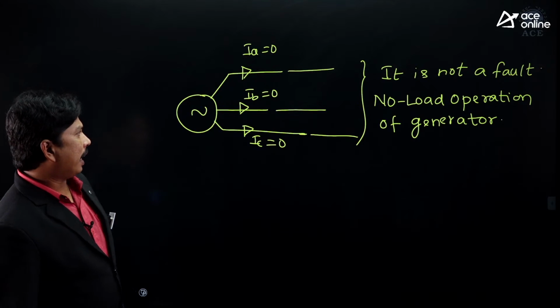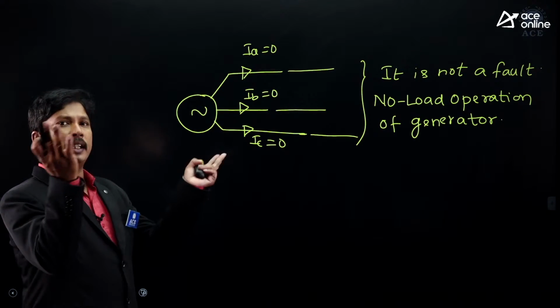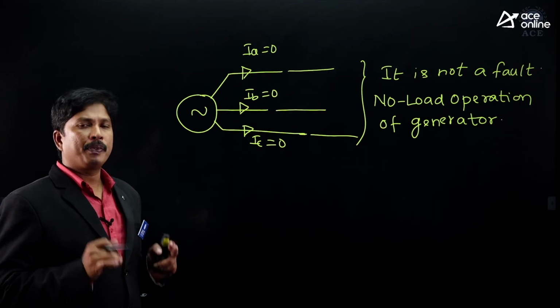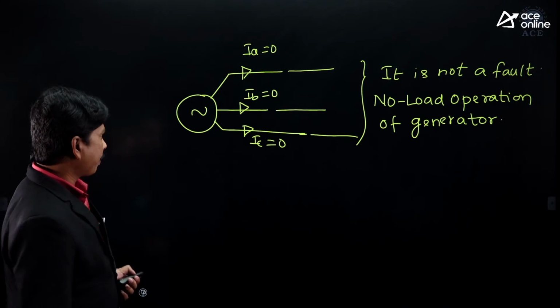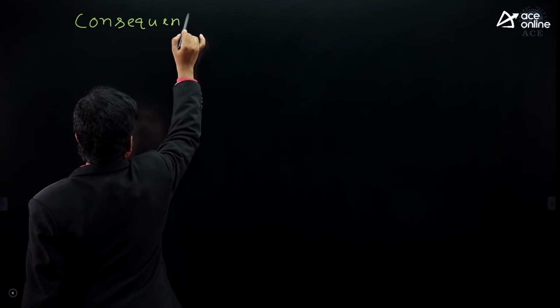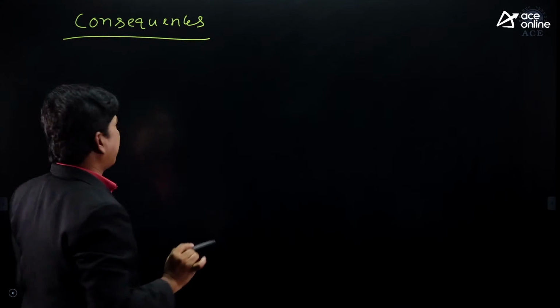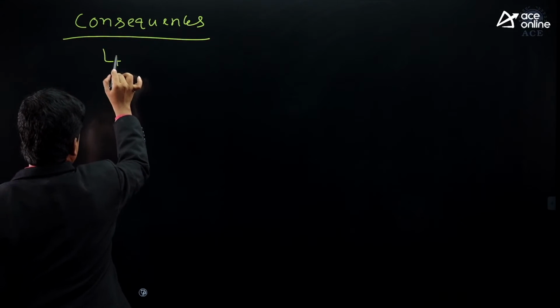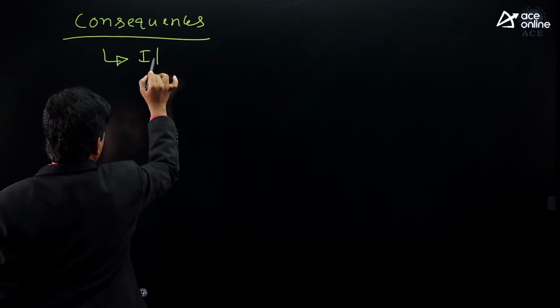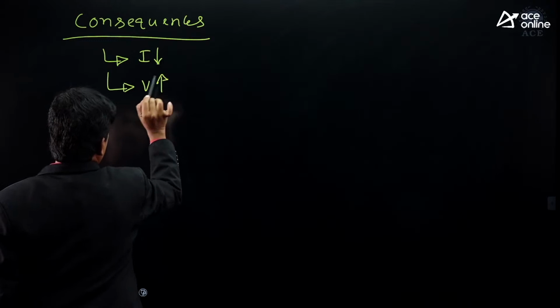Clear? And the consequences of these open circuit faults: when our conductor is open, the current will become 0, so the voltage will increase. So the consequences of these open circuit faults: whenever open circuit faults occur, we can say the current in the system will be reducing, and because of that, the voltage will be increasing.